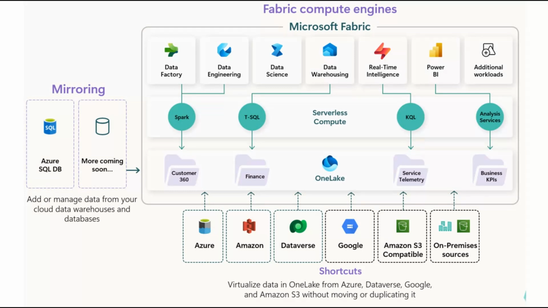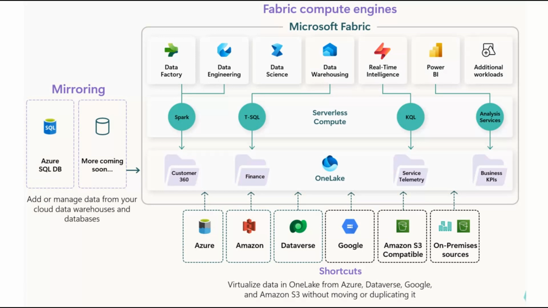This way, you can access and work with that external data through Fabric without duplicating it. It keeps the data consistent since it's not a stale copy and saves storage space. In short, OneLake plus shortcuts ensure that all your data is accessible in one place with zero redundant copies.